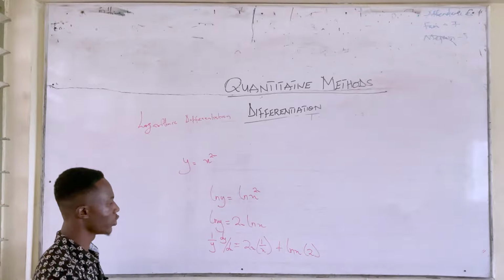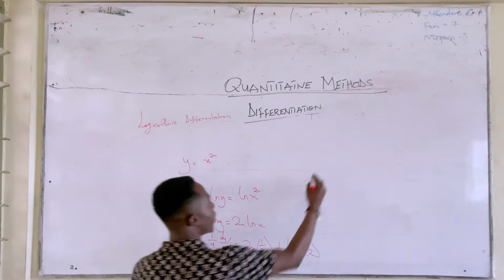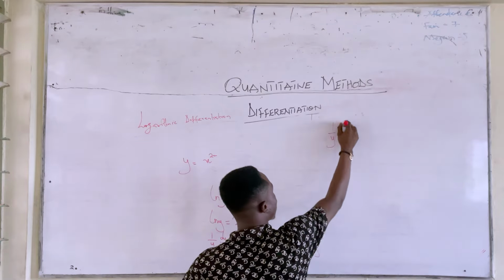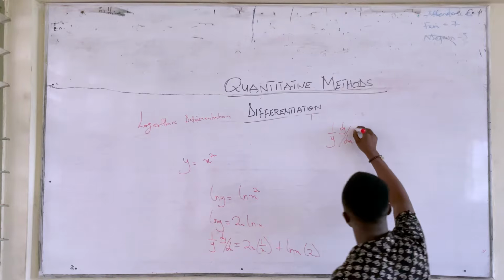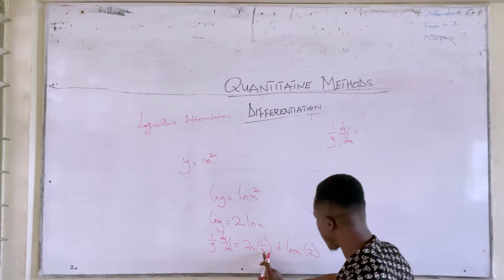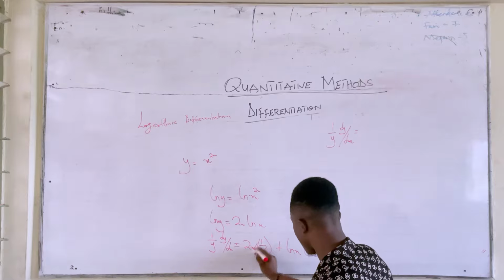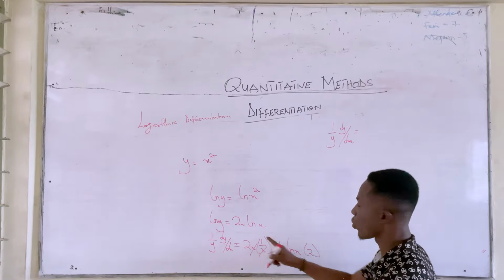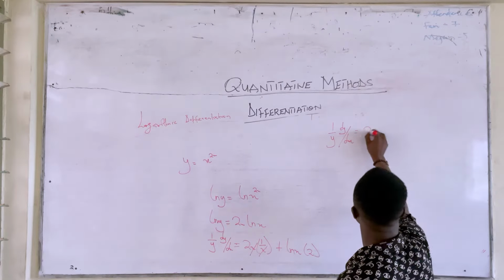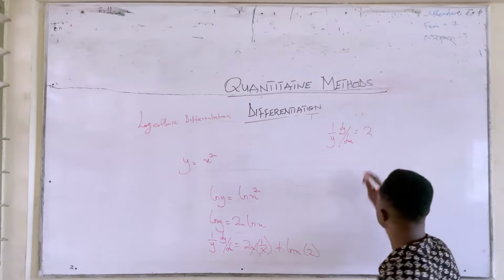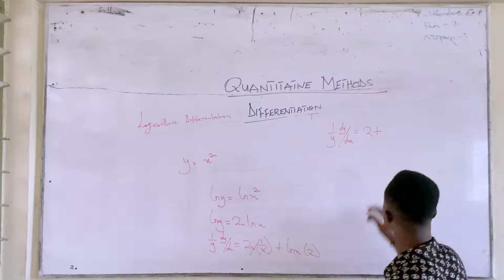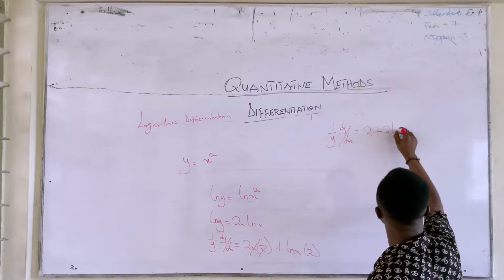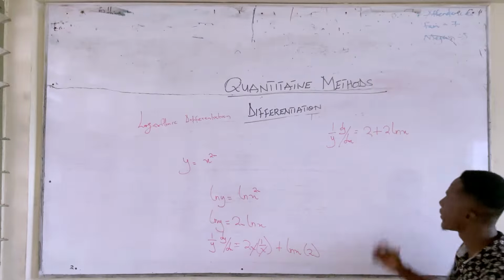Let me break it down first before I do the multiplication. Equal to, so this x here can cancel out this x. So 2 times 1 is 2. So you have 2 here, plus you have ln x multiplying 2. So we say 2 ln x. This is how we say it.